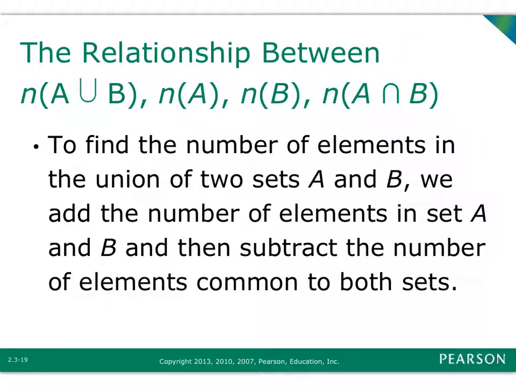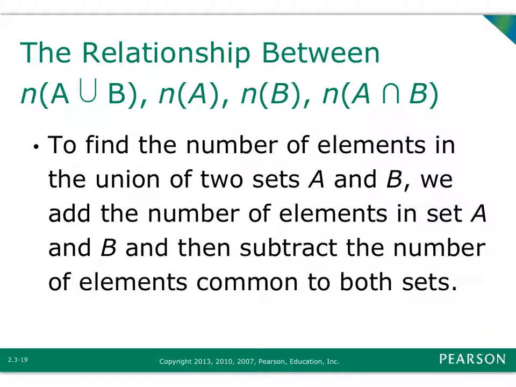So now we're going to find the relationship between n of A union B, n of A, n of B, and n of A intersection B. Recall from our previous section that we looked at what's called the cardinality of a set. The cardinality of a set is the number of elements in the set.